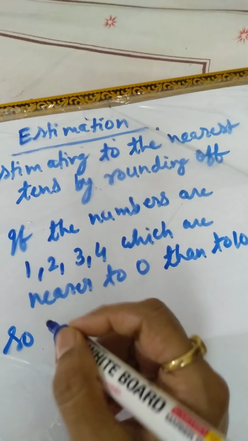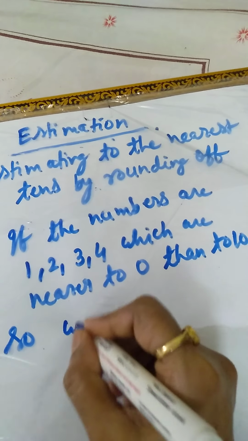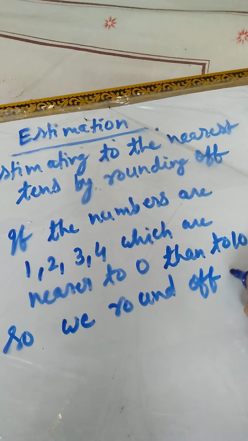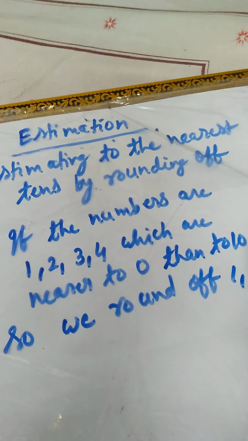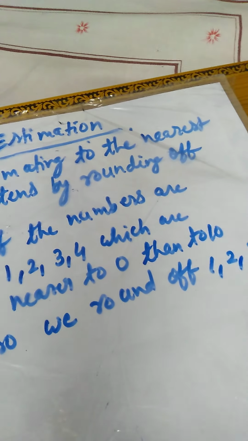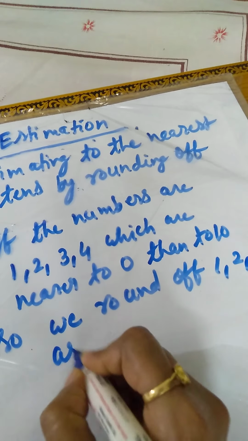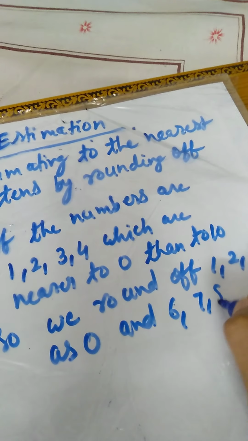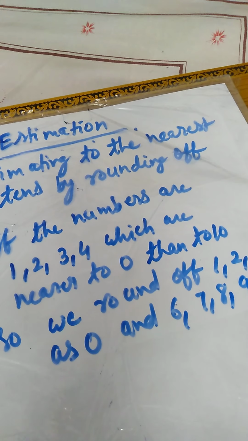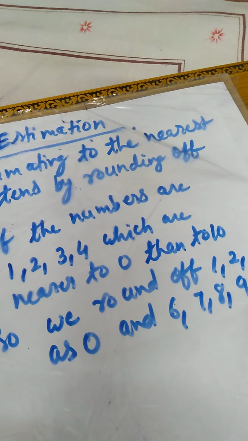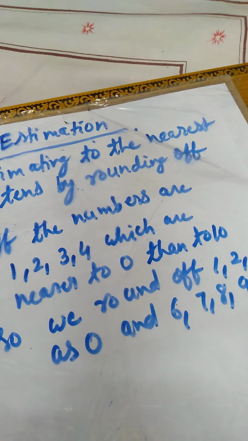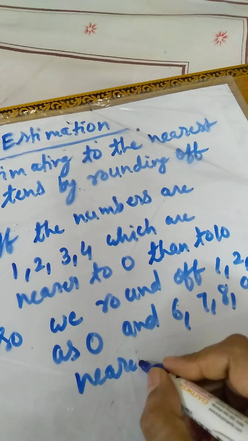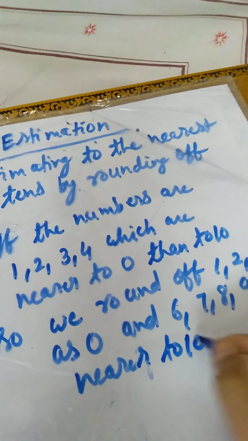So we round off 1, 2, 3, 4 as 0, and 6, 7, 8, 9 are nearer to 10.